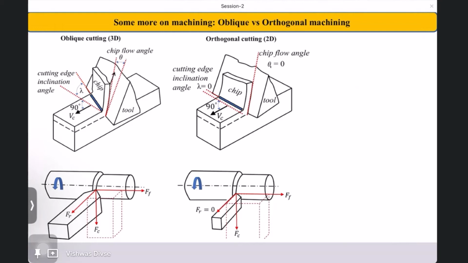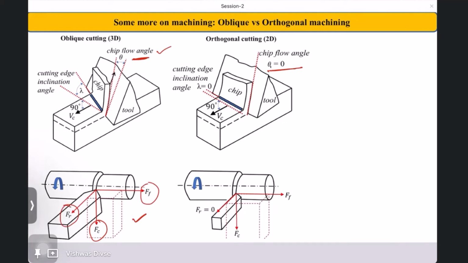But the original and more accurate definition is given by the chip flow angle, theta. If this chip flow angle is 0, then we call it orthogonal machining. And if that is non-zero, we call it oblique machining. So due to this non-zero chip flow angle, the cutting tool experiences all three components of forces, Fx, Fy, Fz, or in machining terminology it is called the cutting force Fc, feed force Ff, and radial force Fr.